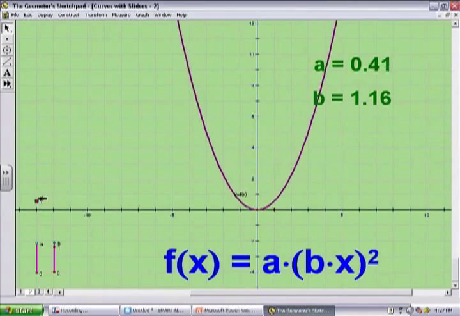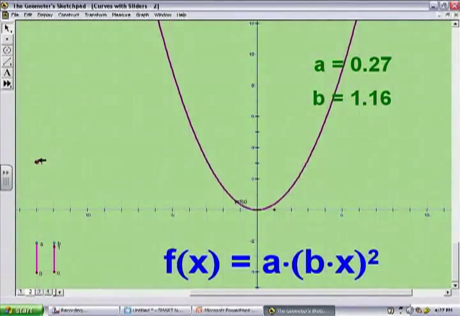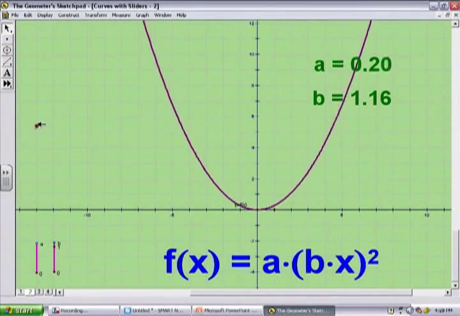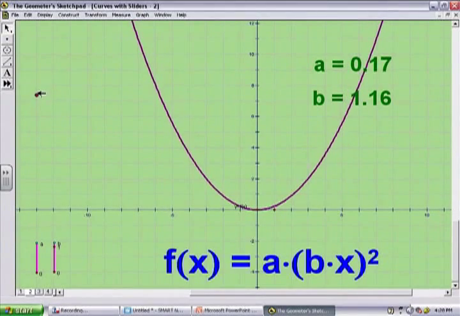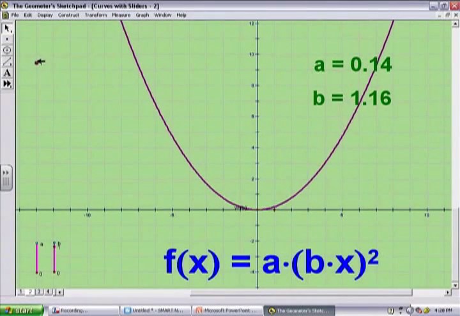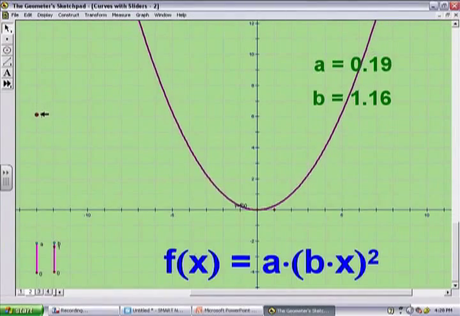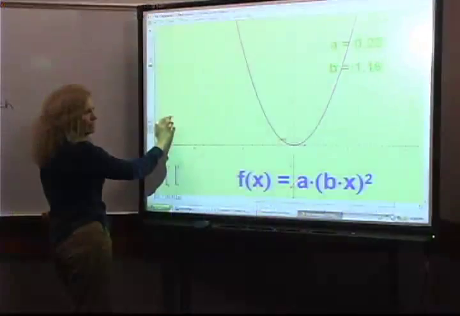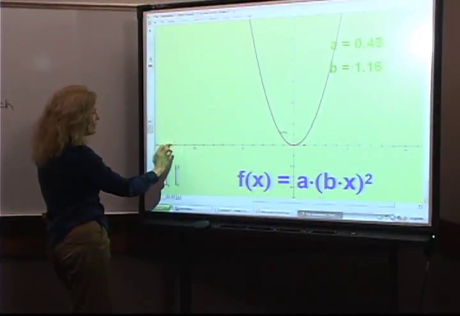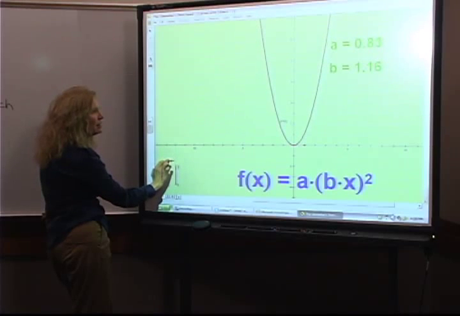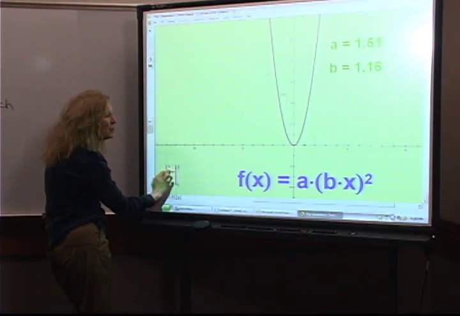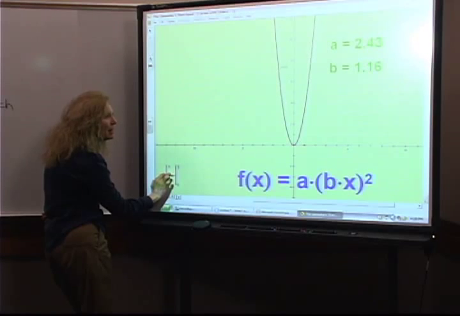Now pay attention, even though my finger is going up, the A is getting smaller. Now look at what it's doing. The A is smaller, smaller, smaller. They're all smaller than 1, and then the A goes back to 1. And now the A gets bigger than 1.